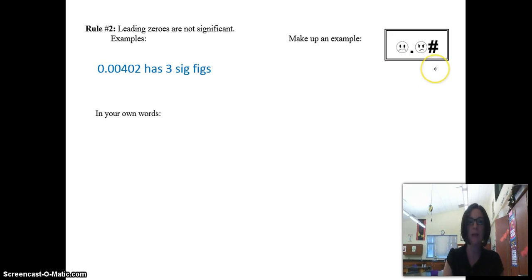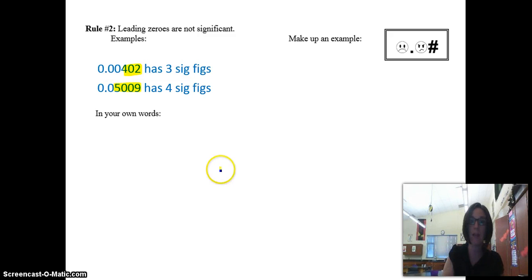So the examples I have are 0.00402. That has 3 significant figures because just the last 3 are significant. Just the 4, the 2, and then because that 0 in between them is a rule number 1 zero, it's a significant figure. Then 0.05009, same situation as the first one.